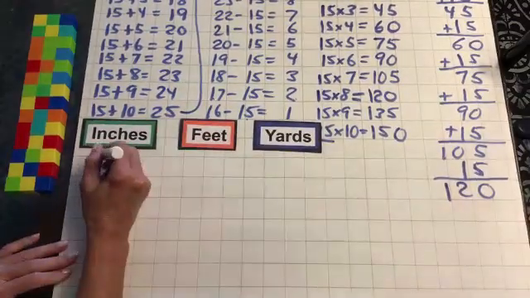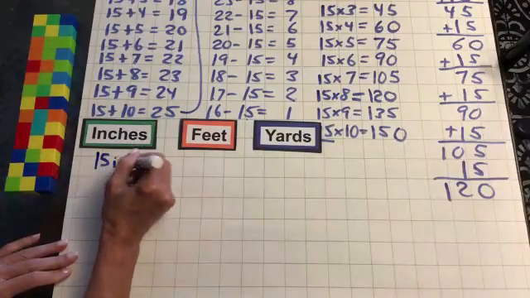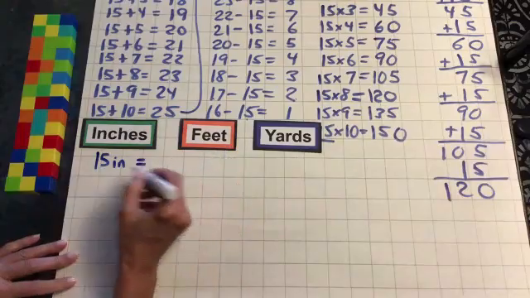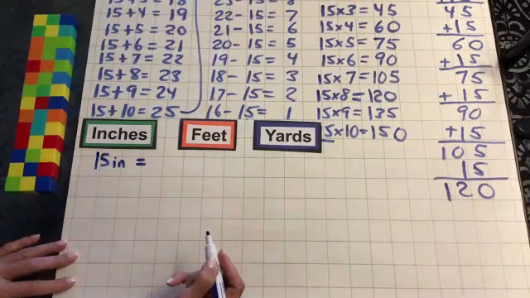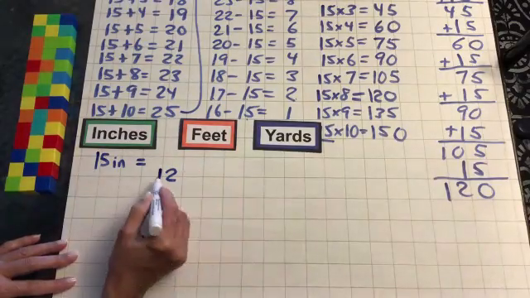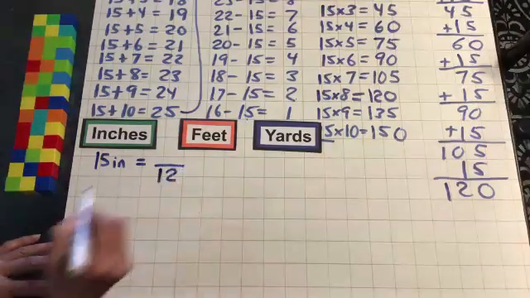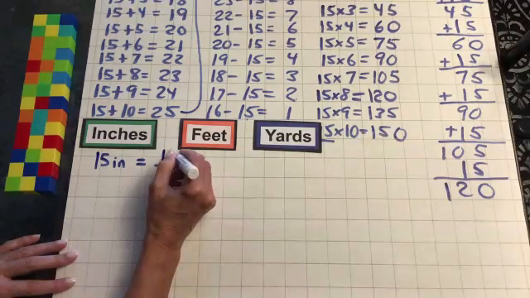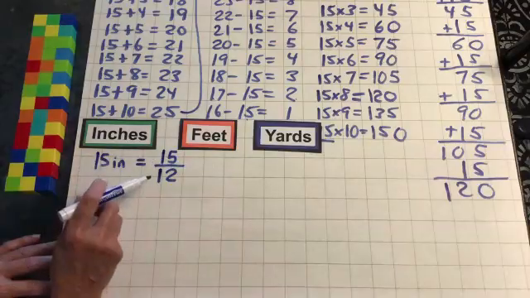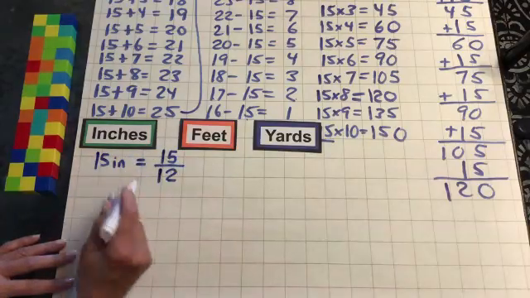If I have 15 inches, that equals, and I'm going to put it in a fraction because inches are just parts of feet. So it takes 12 of them. So 12 goes on the bottom of our fraction, and the number of inches that we have go on top. That's the denominator, and this is the numerator of the fraction.